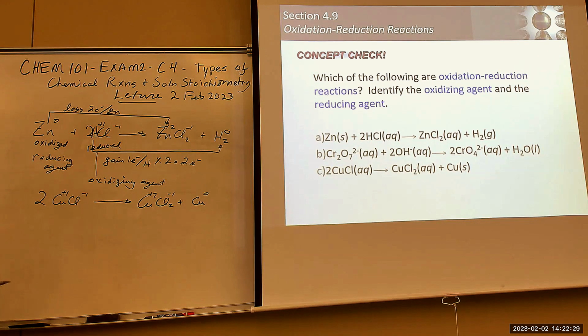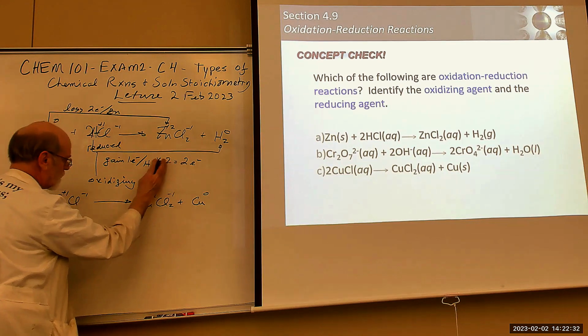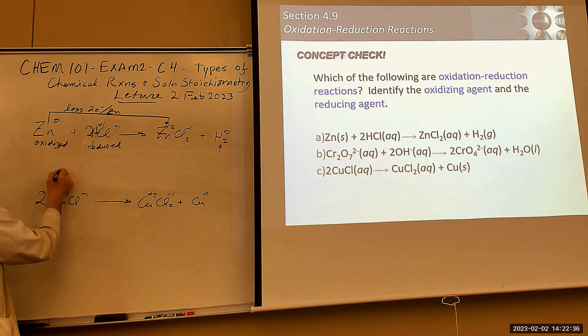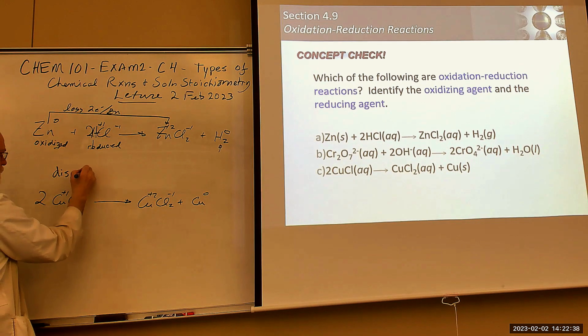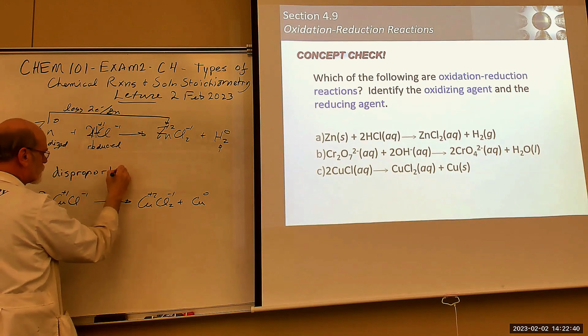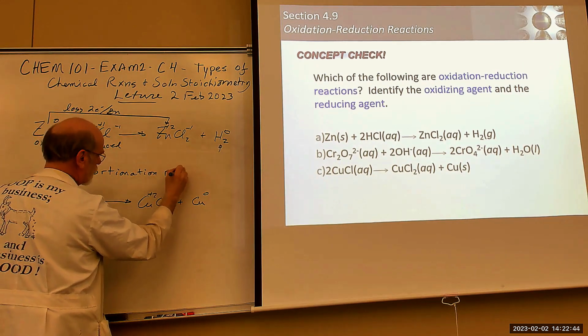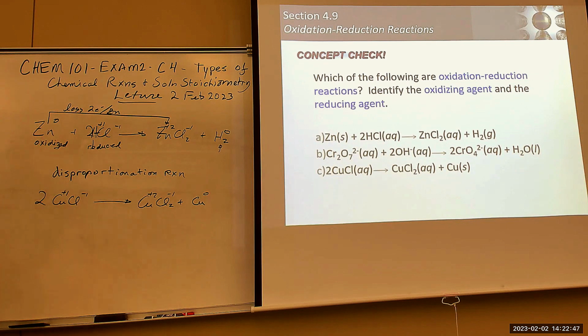This is a special kind of reaction. This is called a disproportionation reaction. What that says is this copper goes 2 different directions. Right, there are 2 of them. So one of them goes that direction and the other one goes that direction.